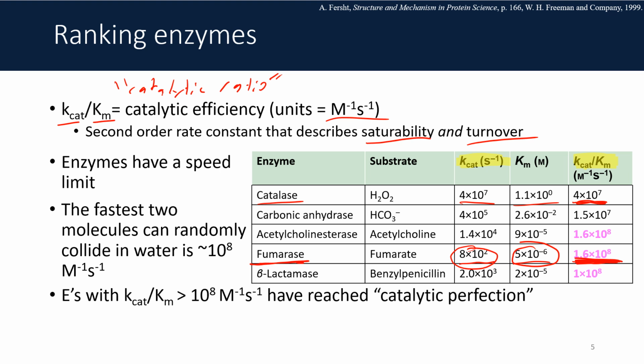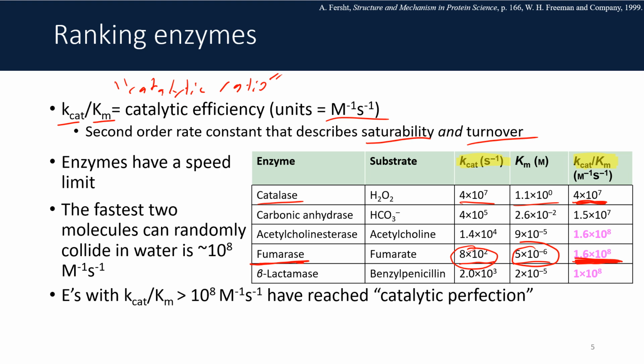Most enzymes don't have such high kcat over Km ratios. This table actually describes some of the best enzymes out there. But this is interesting, I think, because there's a pattern that scientists have observed with these catalytic efficiencies.